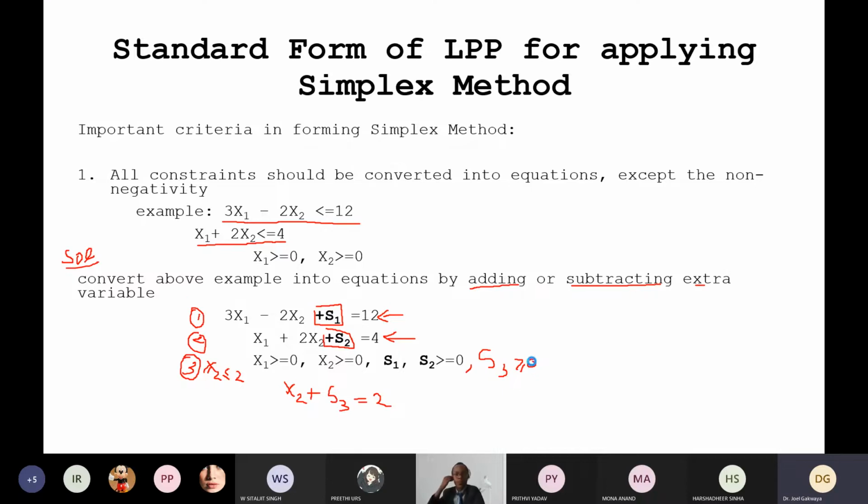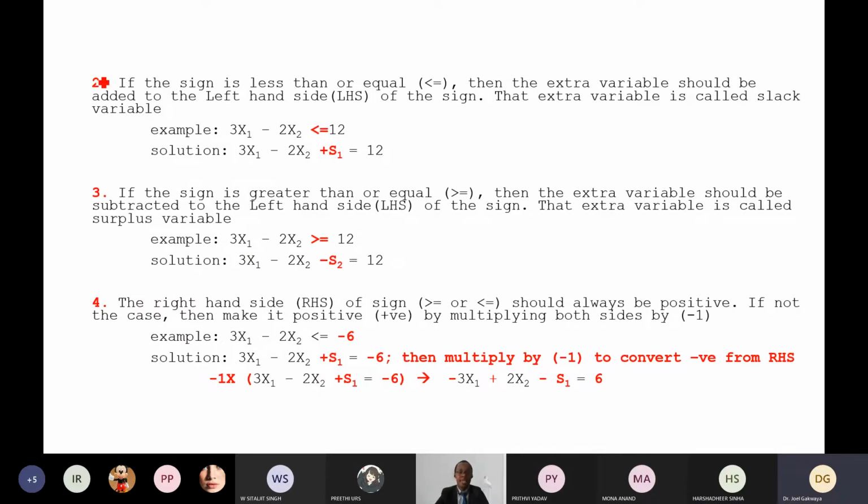Point number 2. If the sign is less than or equal to, then the extra variables should be added to the left-hand side of the sign. I repeat, if the sign is less than or equal to, then the extra variables should be added to the left-hand side.